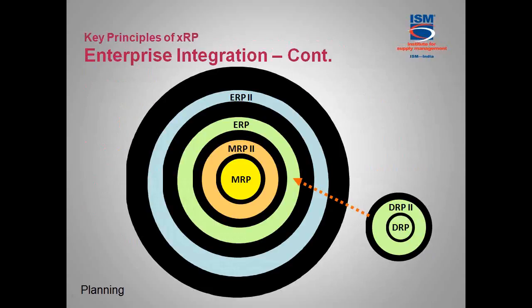And DRP2 is about not only one location, but across the organization or enterprise, where a number of warehouses are there. All the requirements from all these warehouses are clubbed together and go into the master scheduling process.